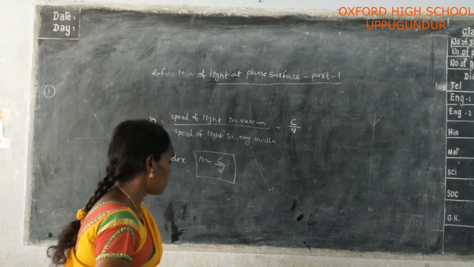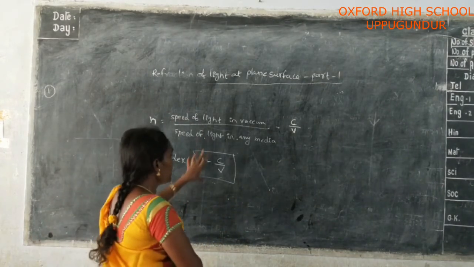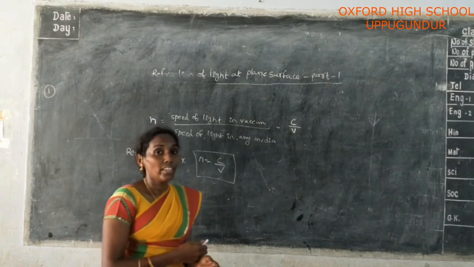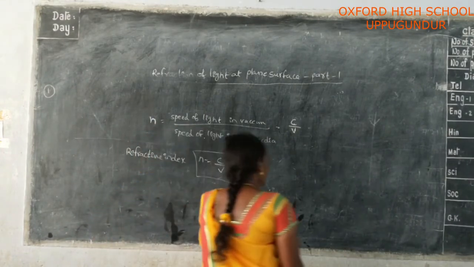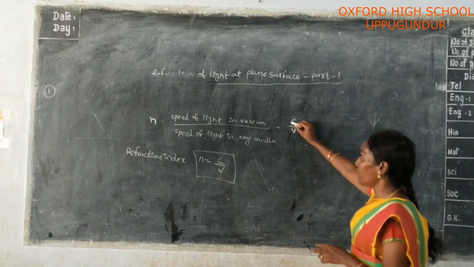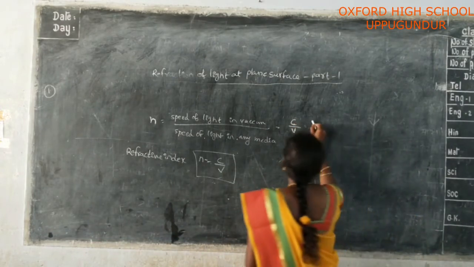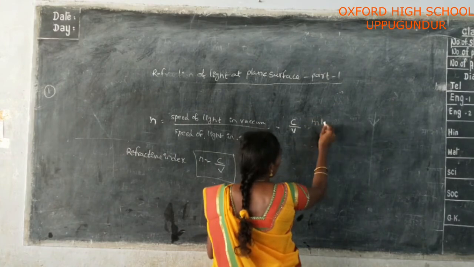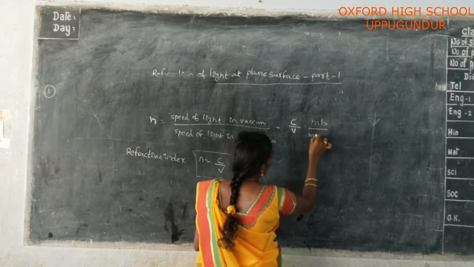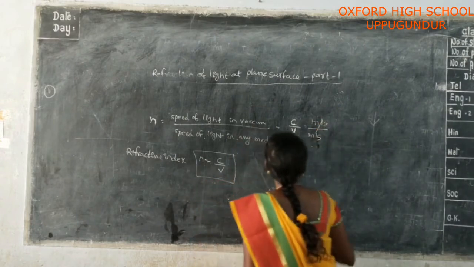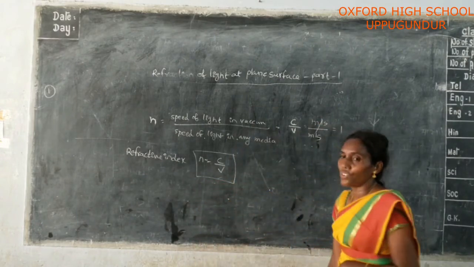For example, the refractive index has no units. The reason is, the unit of speed of light in vacuum is meter per second, and here also the unit of speed is meter per second. Both get cancelled, the remaining value is a constant.